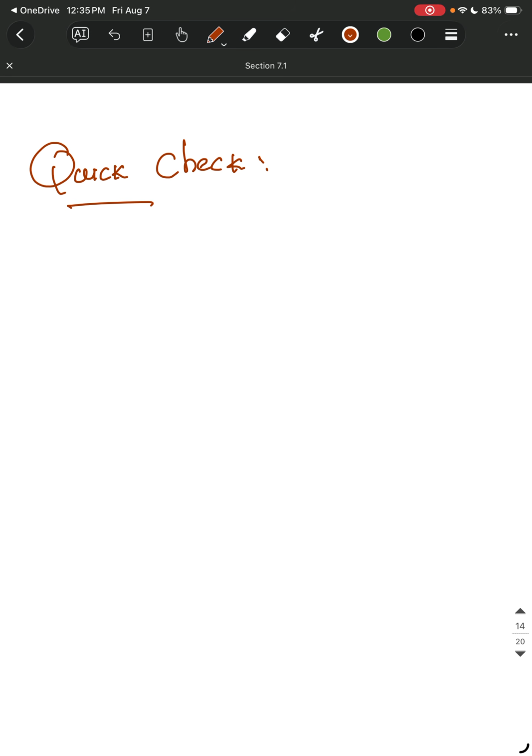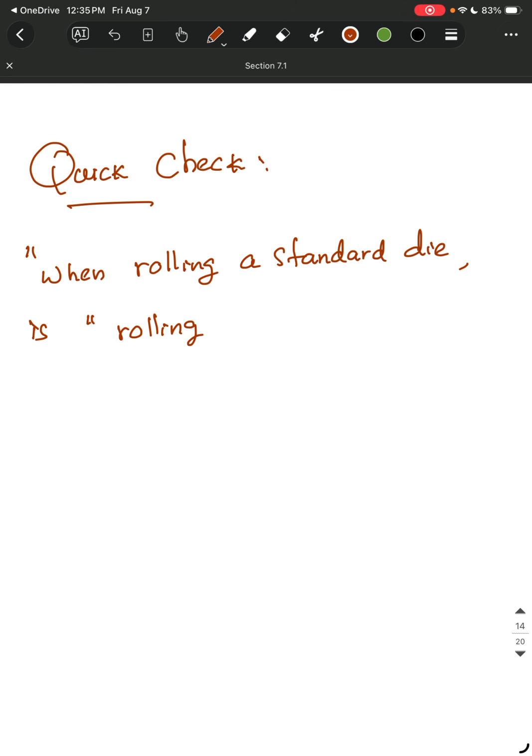When rolling a standard die, is rolling a number less than 10 certain, impossible, or neither?